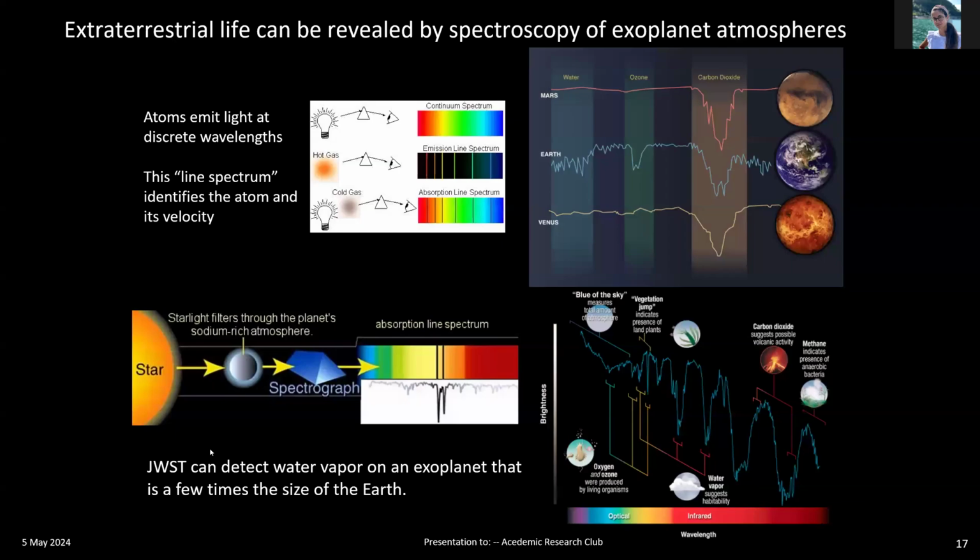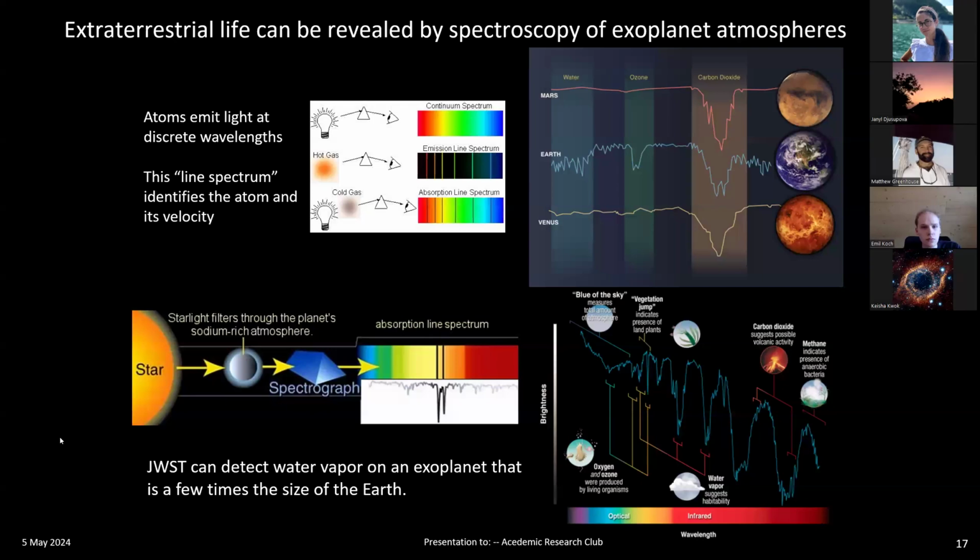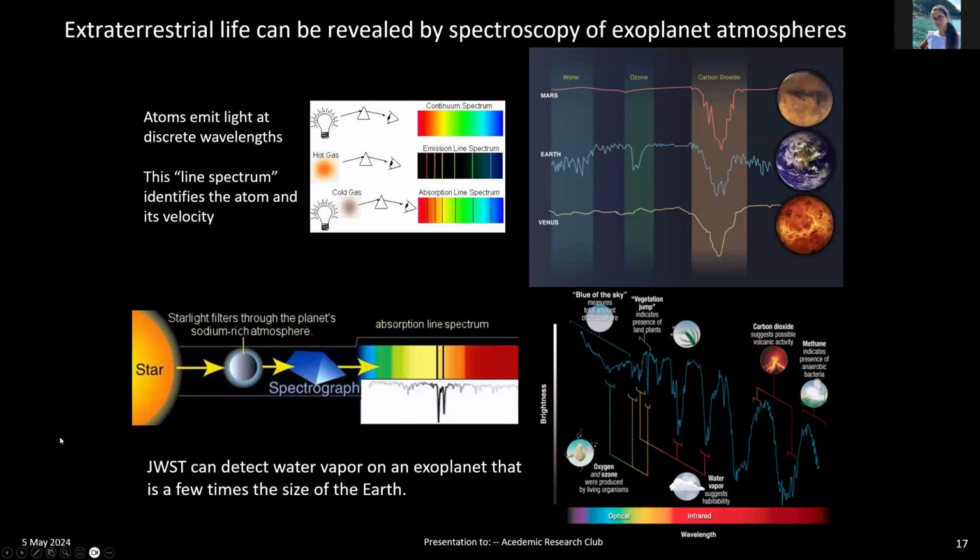is doing lots and lots on exoplanets that are somewhat larger than the Earth, a few times the size of the Earth. If we're looking for extraterrestrial life, why do we care about water?